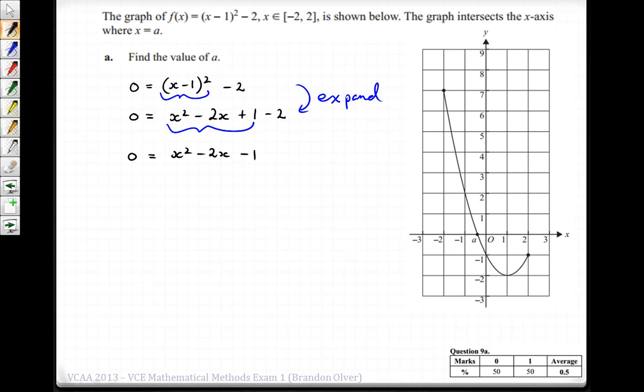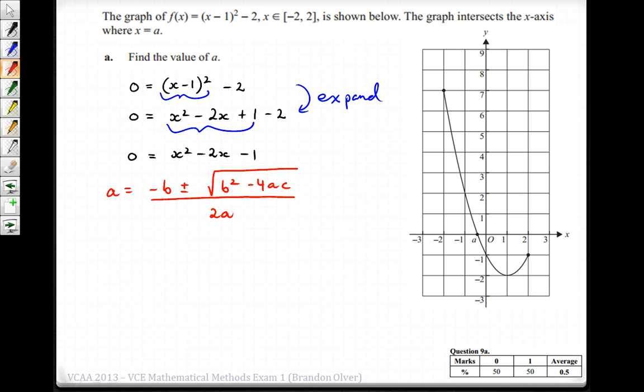And then all we need to do is solve for x, and that's going to give us our a value. I'm going to use the general quadratic formula. x is equal to minus b plus or minus the square root of b squared minus 4ac, divided by 2a.